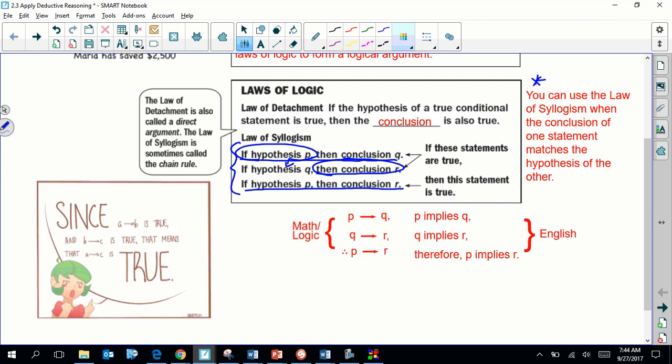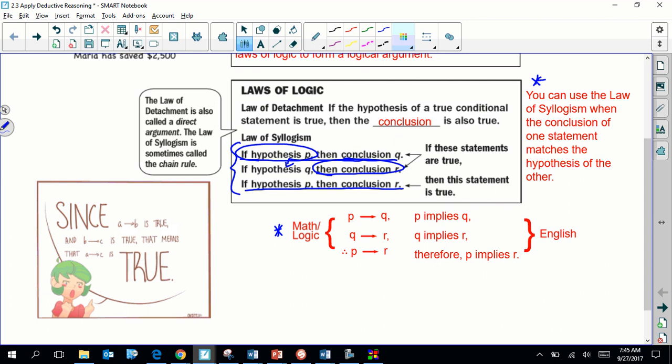I don't know. And the last thing that I'm giving you here at the bottom left is the math way of explaining the law of syllogism, where we say P with the arrow to Q. The way that we read that in English is P implies Q, our hypothesis and conclusion.